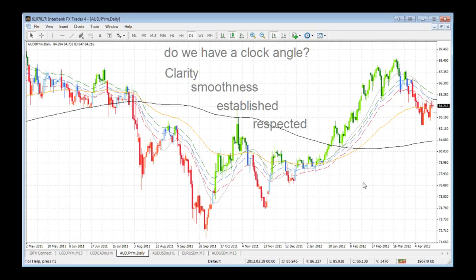We have the angle of the 34 EMA wave moving lower at that 4 to 6 o'clock angle. And we actually do have a couple of tests of the wave at the 34 EMA low, and it does seem to be respected. So this is an unusual situation where we have smoothness and respected, but we really don't have an established downtrend yet.